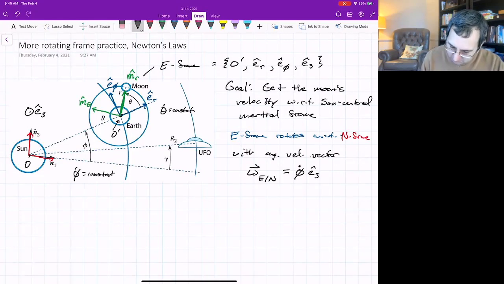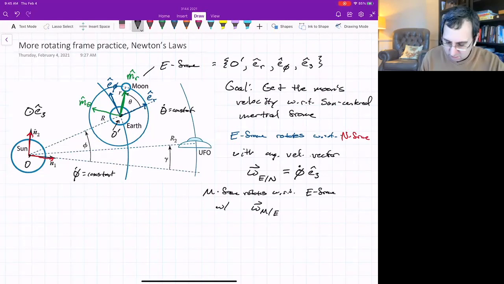And the M frame rotates with respect to the E frame, angular velocity M with respect to E, and it's the angular rate theta dot, E3. It's the same axis of rotation.